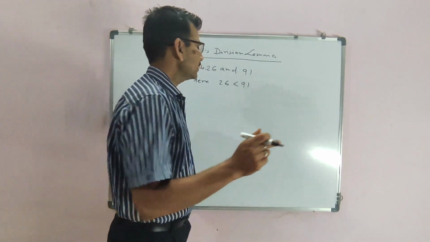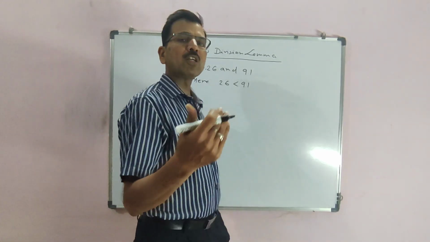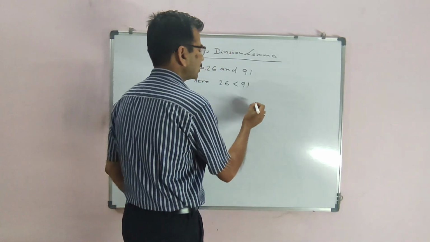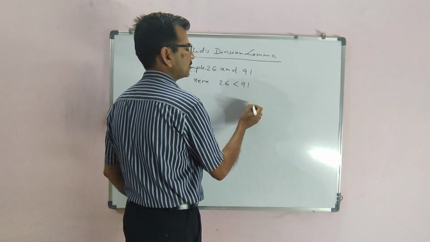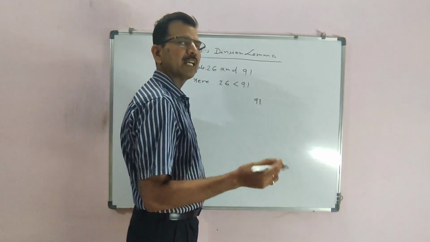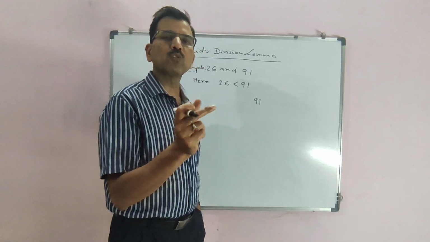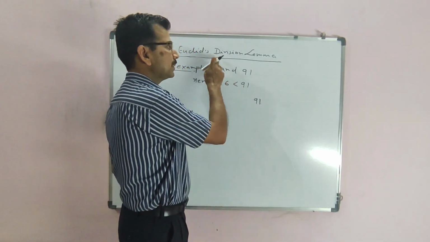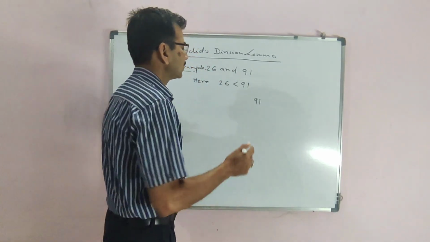I hope all of you are remembering. So, what was that long division method? Let us recall that one, then we'll try to correlate both the long division method and the Euclid division algorithm.